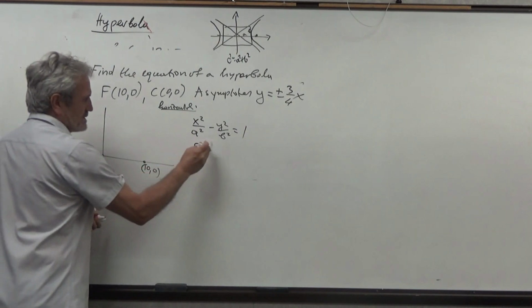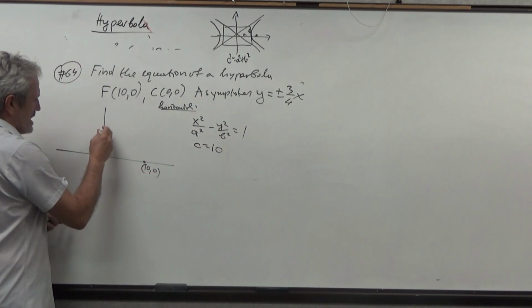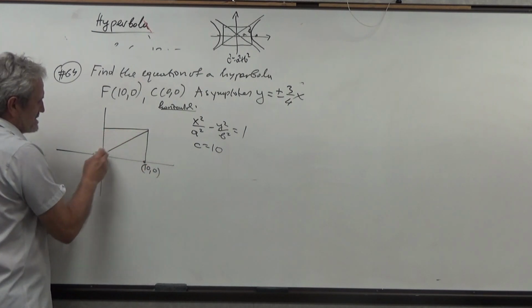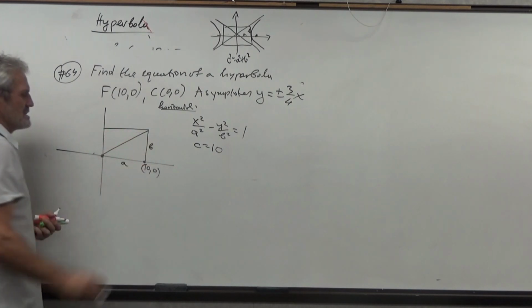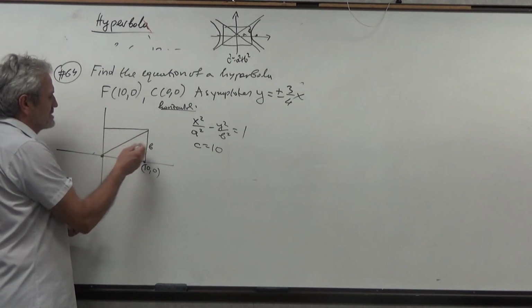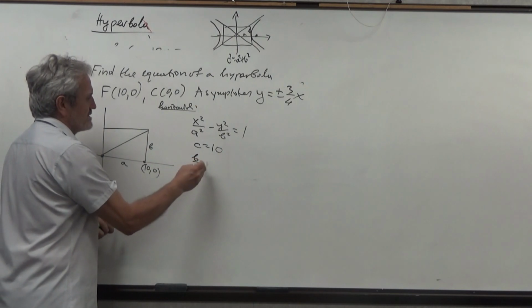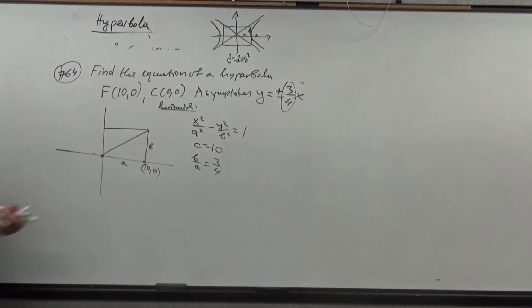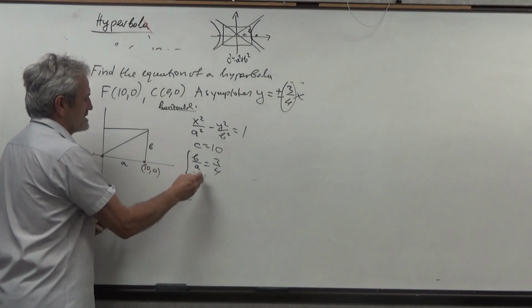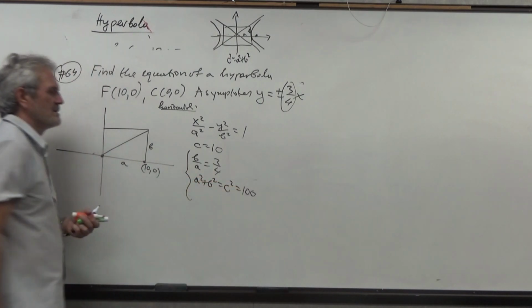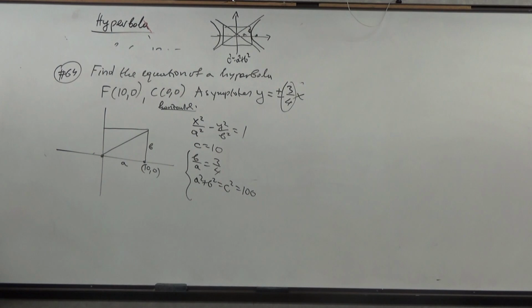This is c, and we know that c is 10. Generally, I don't know the sides, but it doesn't matter. Here is a, here is b, and the slope of the asymptote is b over a. So b over a is 3/4, because here is the positive side. But we also know that a squared plus b squared equals c squared, which is 100. So we get an easy system of equations.